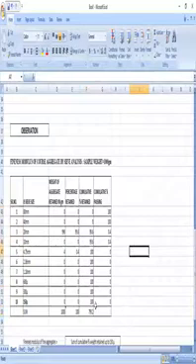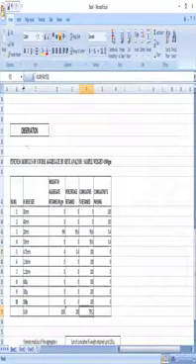Then we have to take the summation of cumulative percentage retained up to 150 micron. By adding these values, we get the sum 799.2.